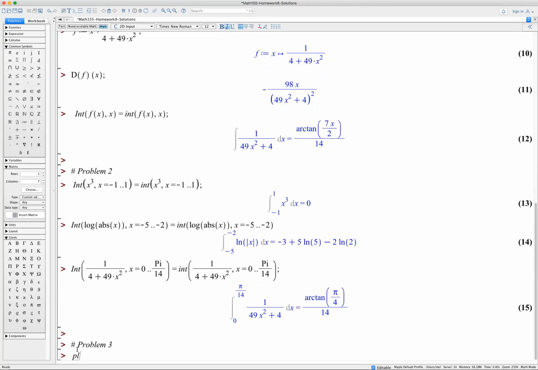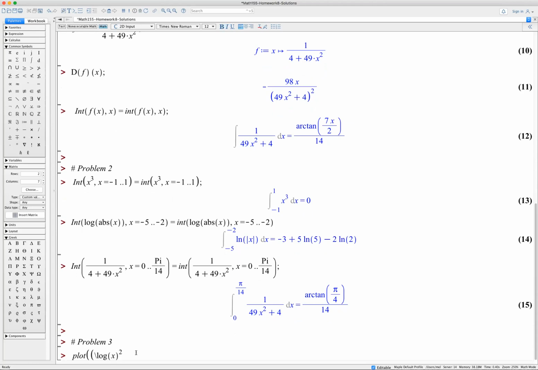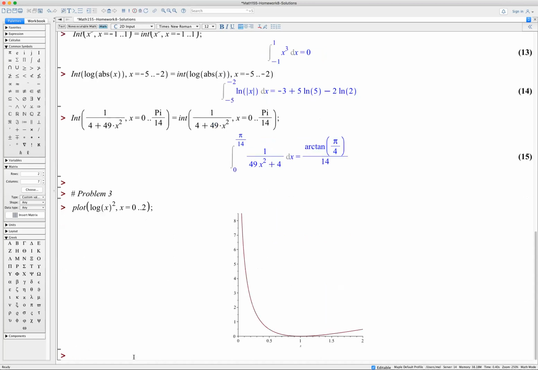So if you want to plot it, plot log of x squared, plot log of x squared from x equal to 0 to 2. Yeah, that's what it looks like.